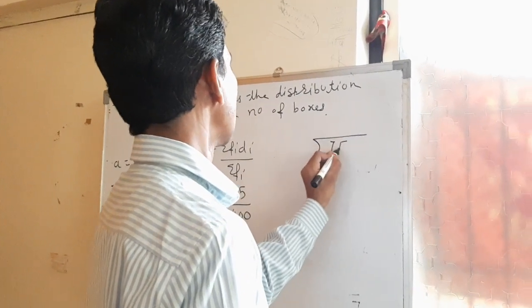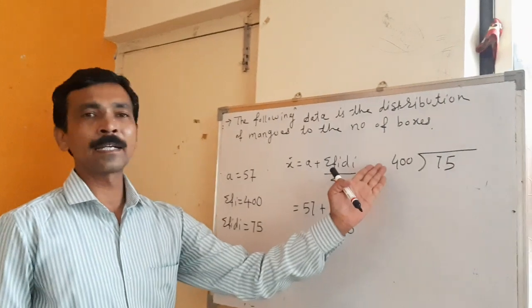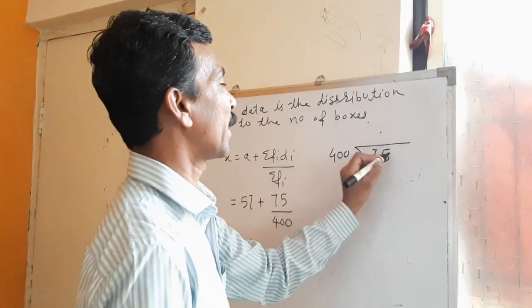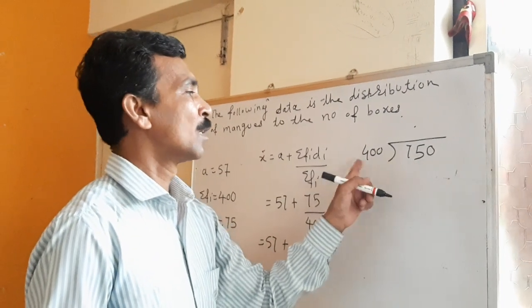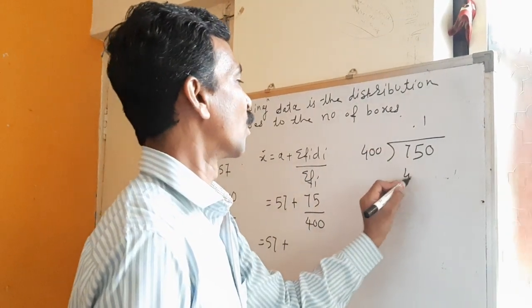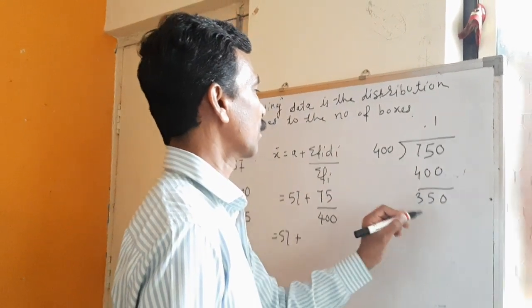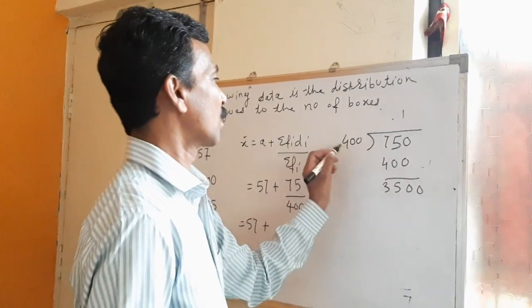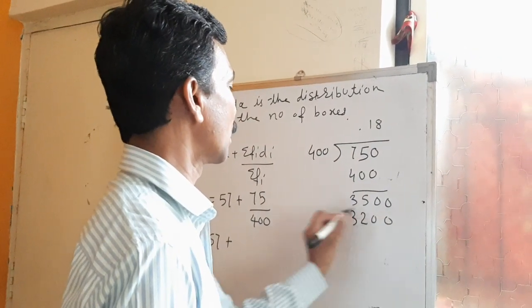This is 75 and 400, but 75 is less than 400. What will I do? I'll put a decimal point here and add 0. Now we can divide. 400 ones are 400. This is 0.5... I'll take one more 0 here. 4 8s are 32, so it is 3200.